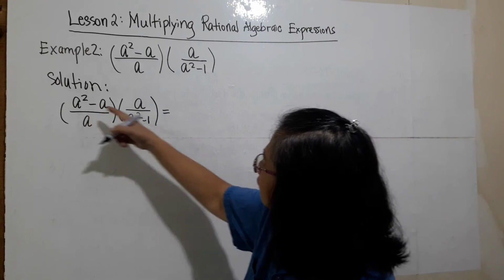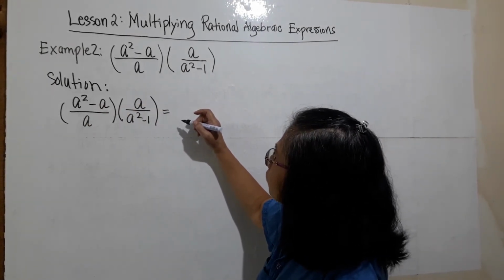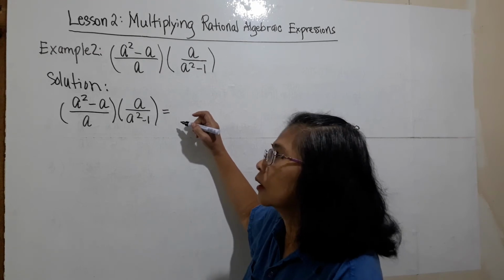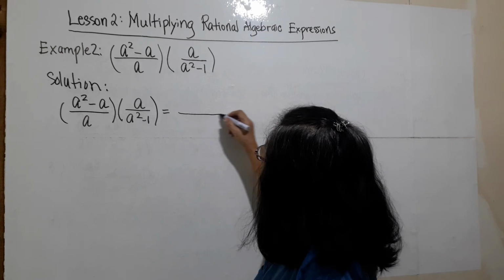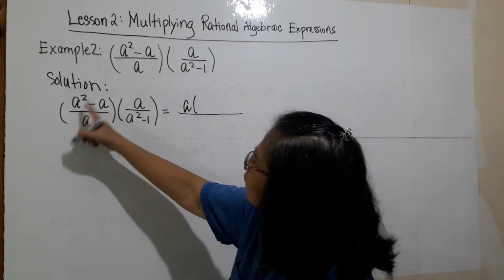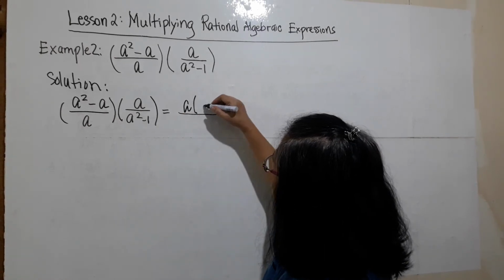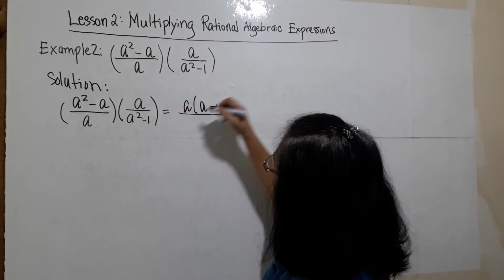So let's factor first a squared minus a. What is common between a squared and a? It should be a. Then a squared divided by a gives you a, minus a divided by a gives you 1.